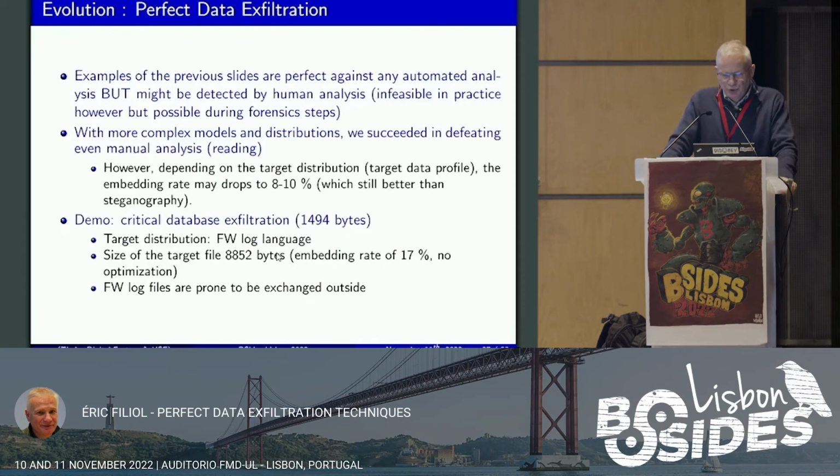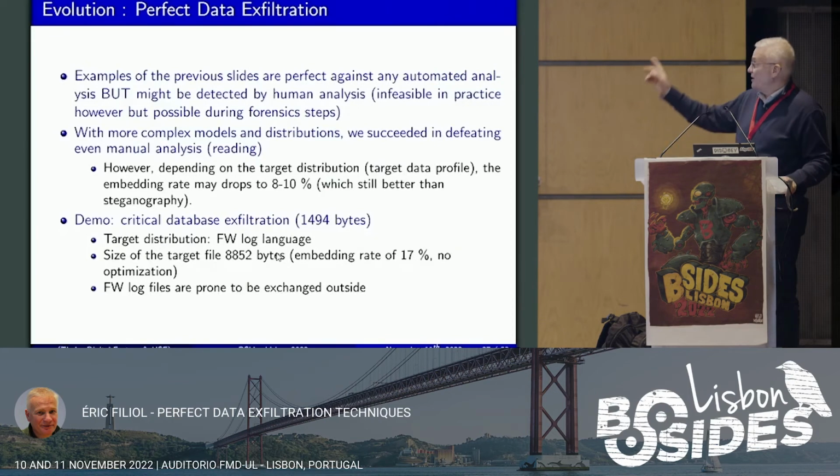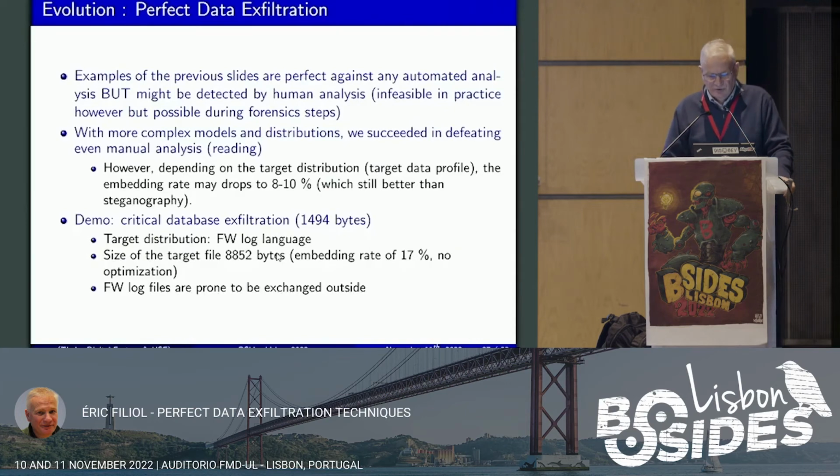I would like to show you an example where I took a critical database on the dark web. It was a database of sysadmin passwords of that size, 1,494 bytes.